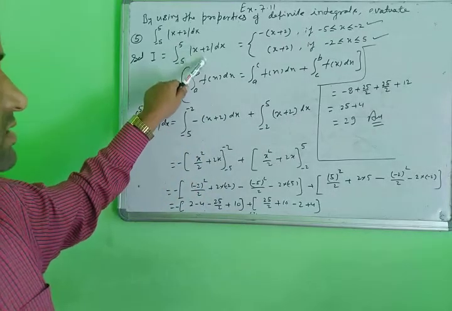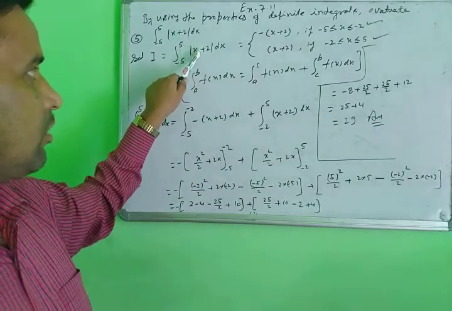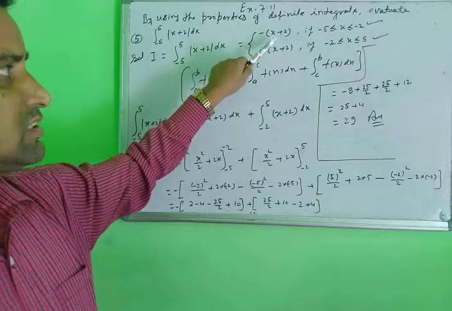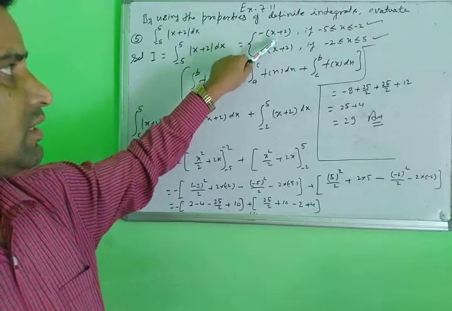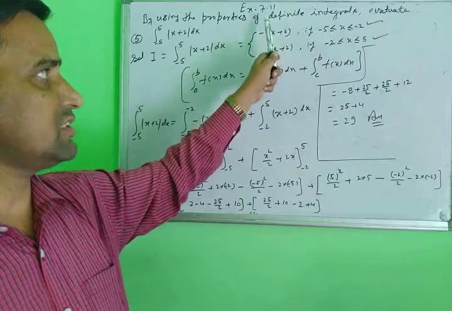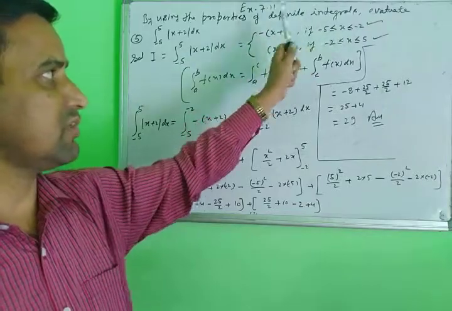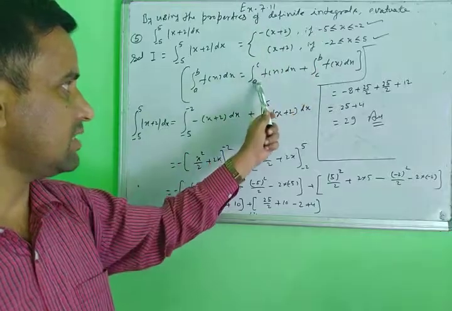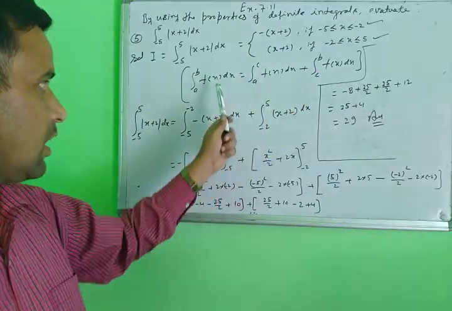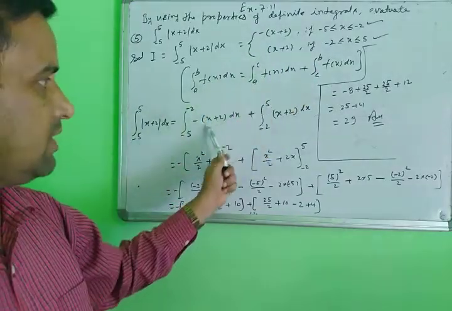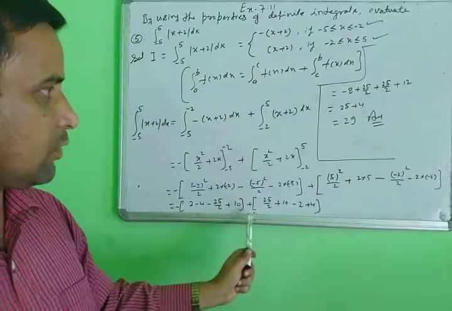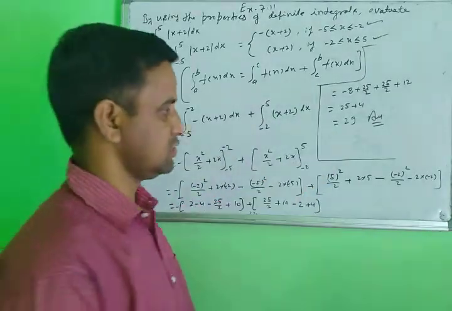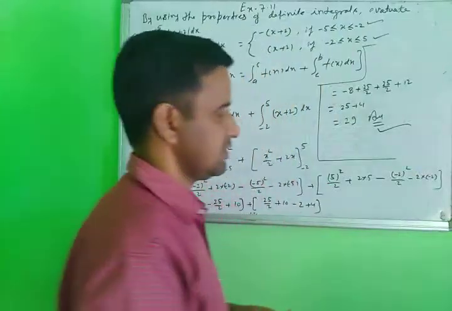For every question on the modulus function, first break it down into the simplest form: in which limit the function is negative and in which limit it is positive. Then write this form, mention which identity or properties you are using, calculate, and you get the correct answer. This is your answer. Yes, note it down.